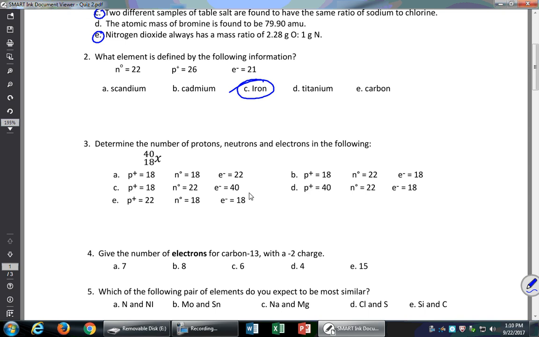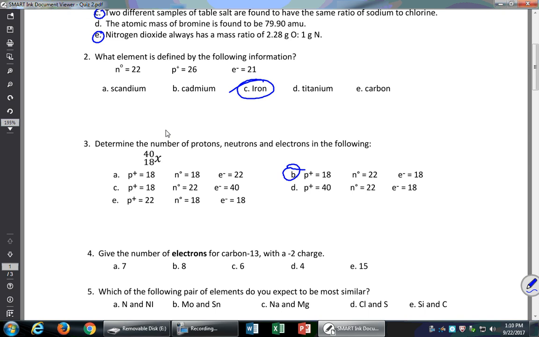In 3, we don't know what this element is because there's no X. Well, we do because we know its atomic number. So here what we're showing is the atomic number at the bottom, and at the top is going to be our mass. So our answer for that one, of course, is not D or E, because our atomic number equals our number of protons.